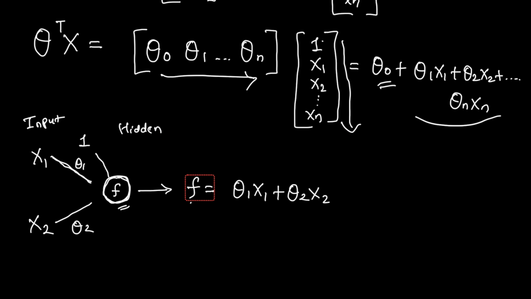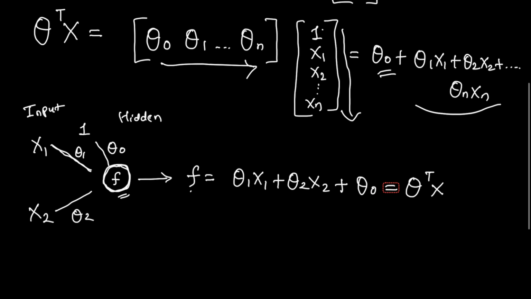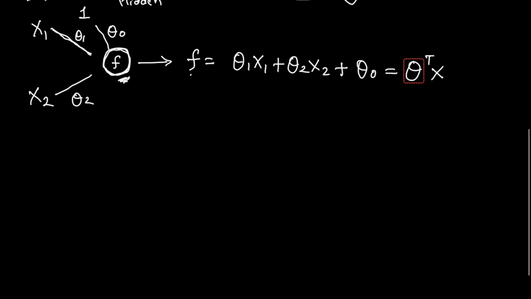The input layer also has a 1 on top, but we didn't show it because it's hidden, though it's always there. We associate theta naught with it, so it becomes theta naught into 1, that means theta naught. So the neuron computes theta transpose x. Every neuron actually does the same thing.